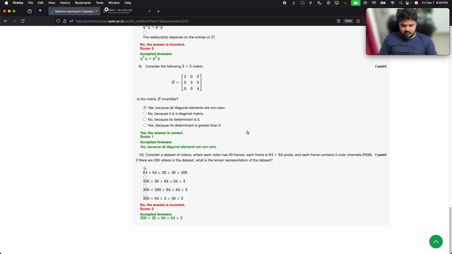Actually, if you compute the determinant of this matrix, the determinant will be, let's compute it. The determinant will be 24. Yeah, that is correct.